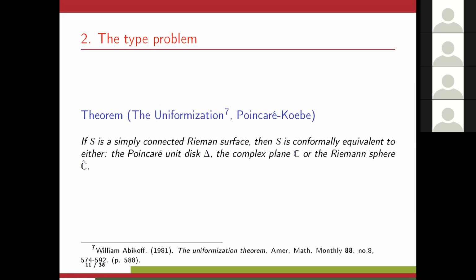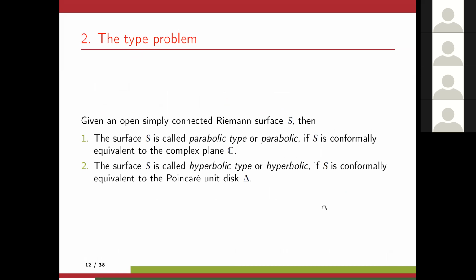If a simply connected open Riemann surface is conformally equivalent to the complex plane, then the surface is called parabolic type. If the simply connected open Riemann surface is conformally equivalent to the Poincaré unit disk, then the surface is called hyperbolic type, or hyperbolic.